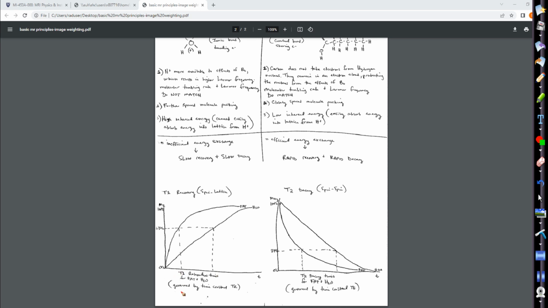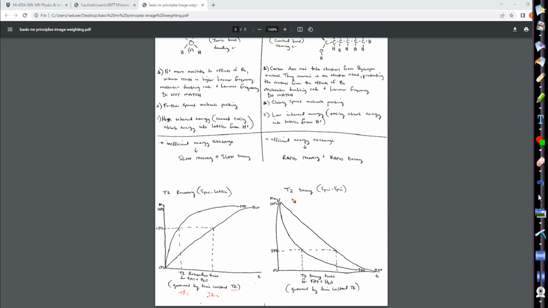So we could say this is a TR1, sorry, we're governed by TR on our T1 recovery. So this is TR1, repetition time 1, and that's associated with fat, and this is our repetition time 2. That's associated with water. But if we had to break this down in terms of milliseconds, you could see that the time for water would be longer than the time for fat.